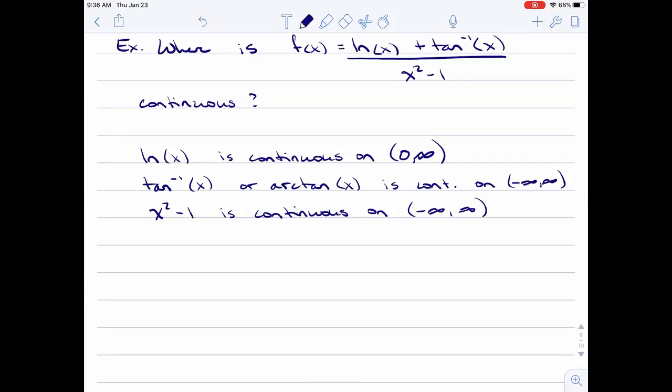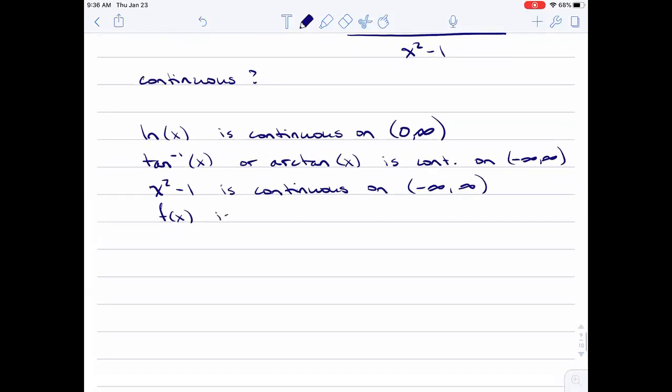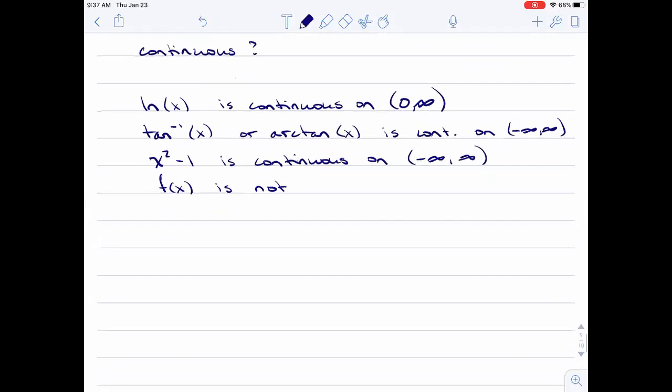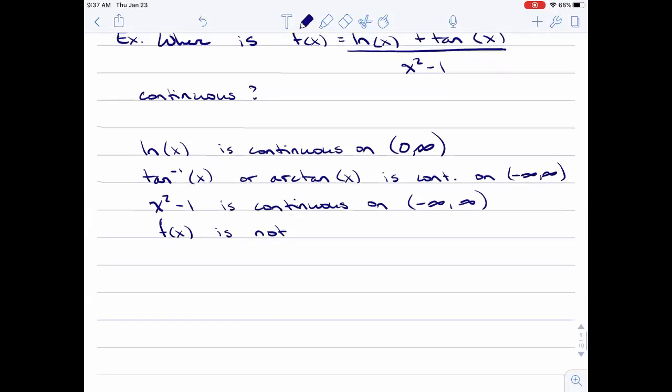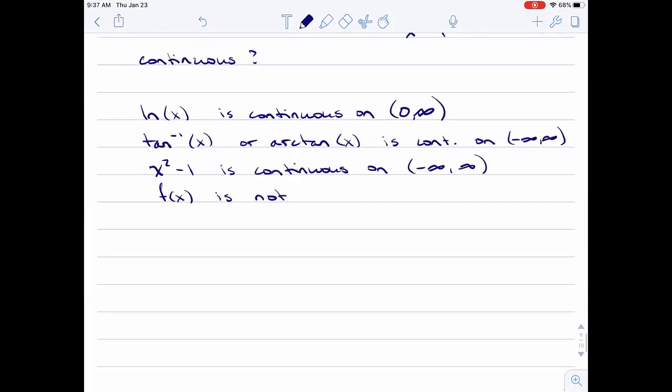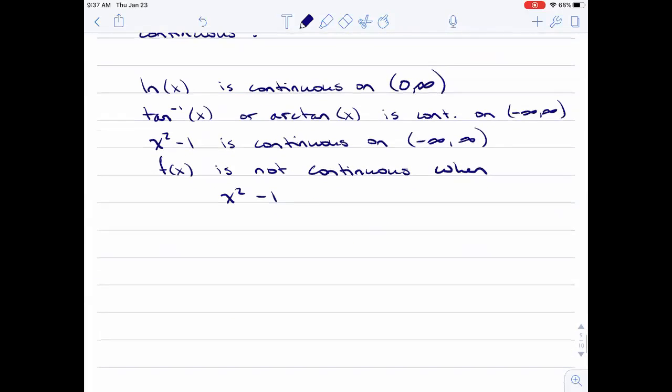So then f of x, the whole combined thing, is not continuous when x squared minus 1 equals 0. Careful here though.